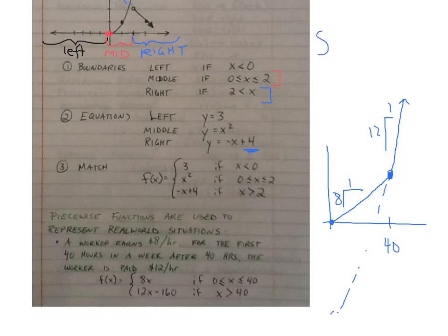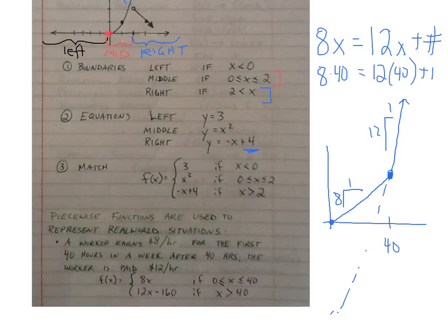So when does 8x equal 12x plus some number? And finding out what that number is, such that when x is 40, they're the same value. So 8 times 40 equals 12 times 40 plus some number. And that number happens to be negative 160.